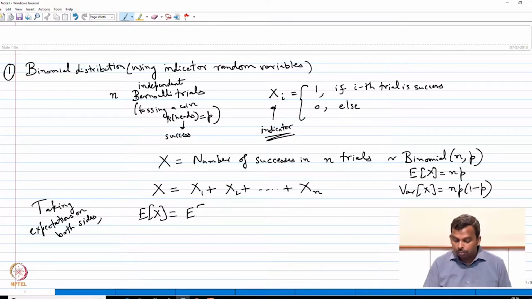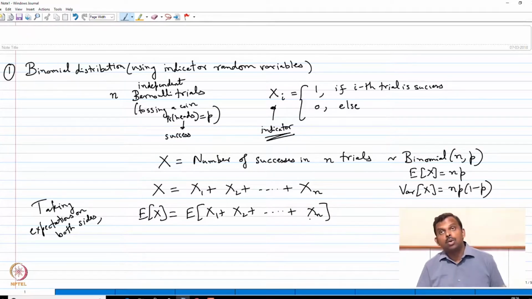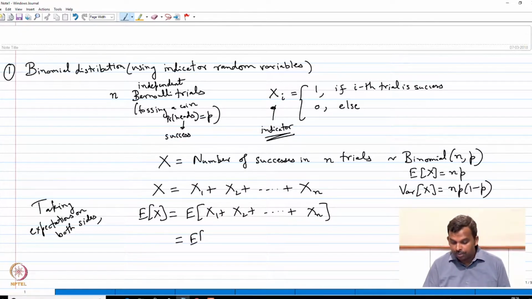This is easy enough to write, but it turns out expected value is a linear operator, so it distributes over addition. The expected value of X1 plus X2 is the same as the expected value of X1 plus the expected value of X2. So you use linearity of expectation to get this.